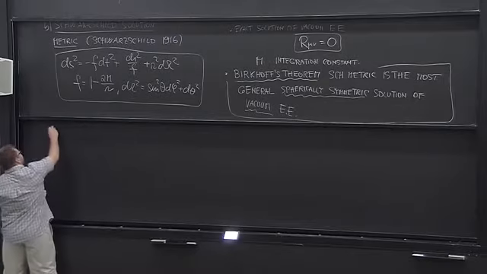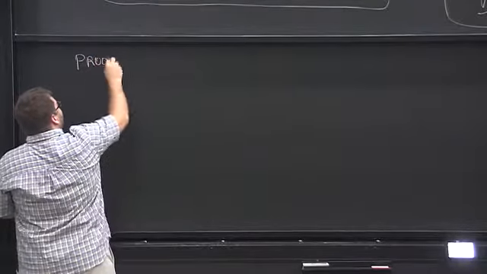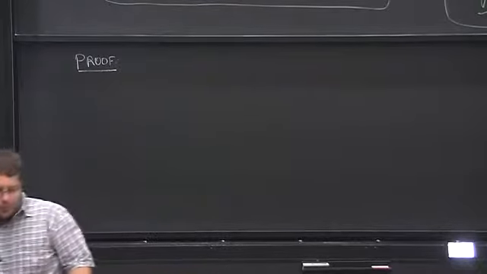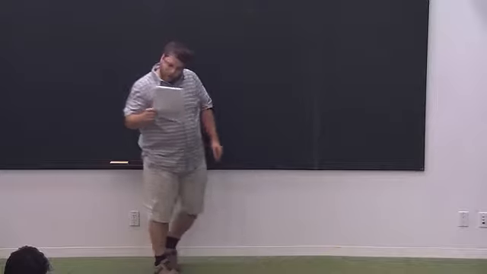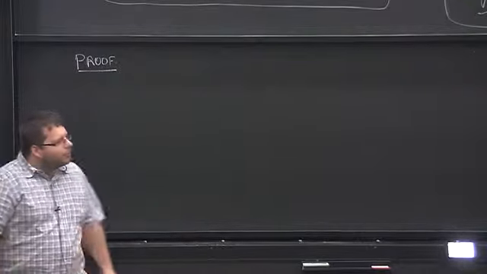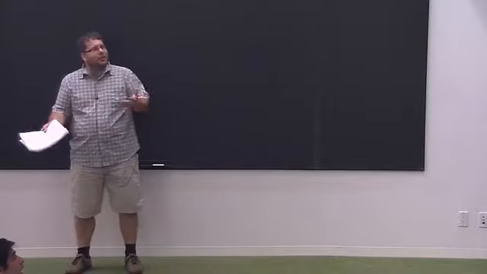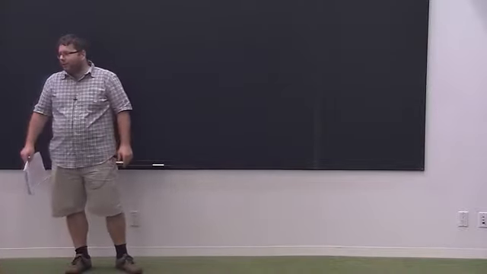So now how would you prove this? I'll just outline the proof. Typically people spend the whole lecture on the proof, and I'm going to spend like 5 minutes. Okay, so what you have to do is construct, first of all, the spherically symmetric ansatz for the metric.